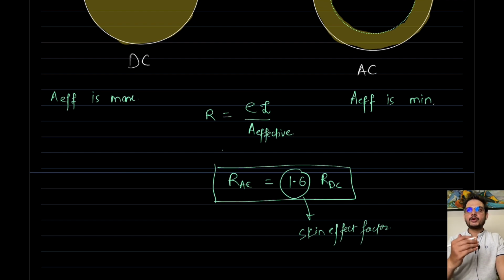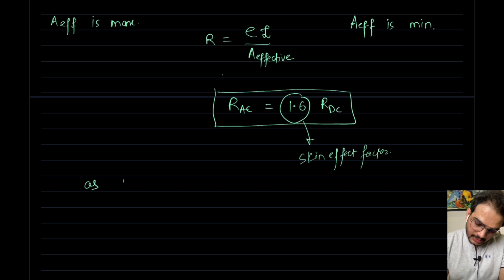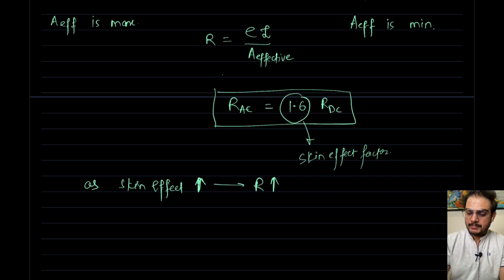Because of increase in resistance, I square R losses will increase, power losses will increase. As soon as power losses increase, efficiency of the system decreases. As skin effect increases, my resistance R_AC will increase. As my resistance increases, I square R losses will increase, and as losses increase, the efficiency of the system decreases, right?